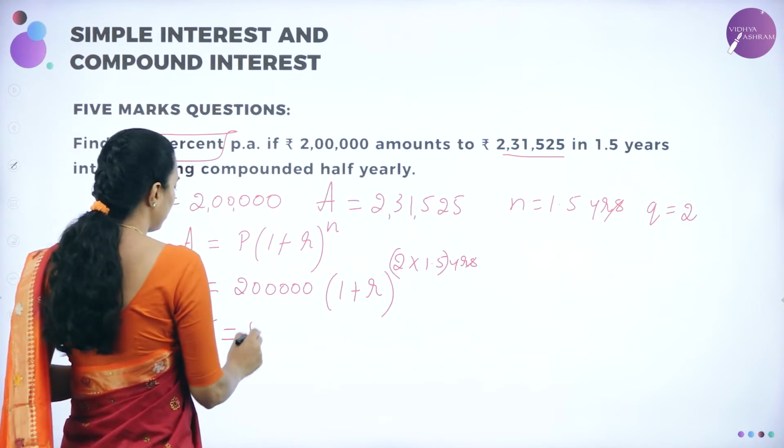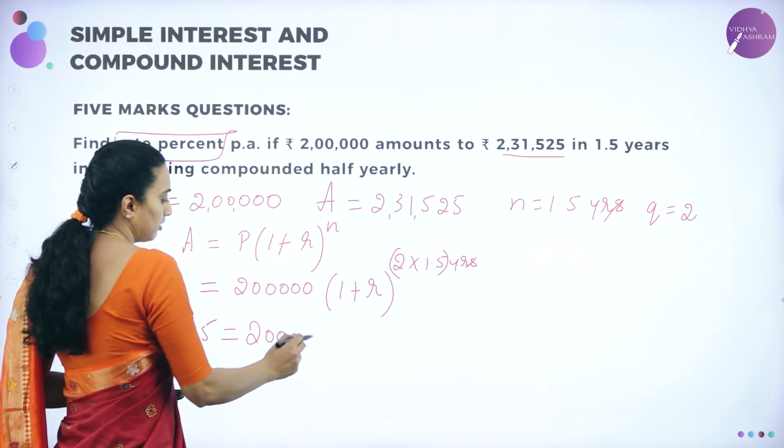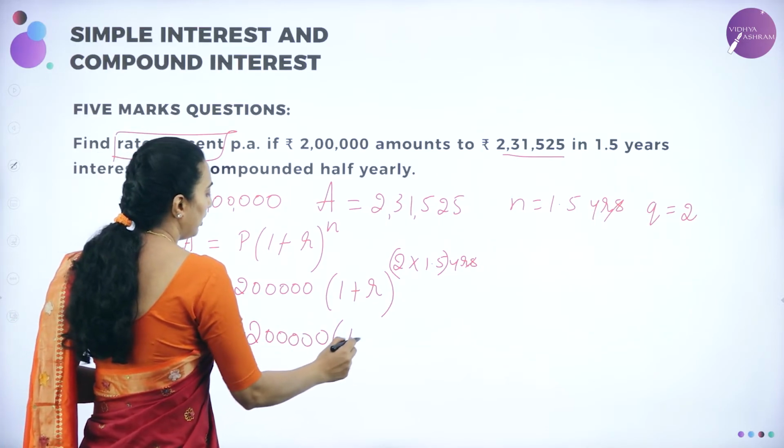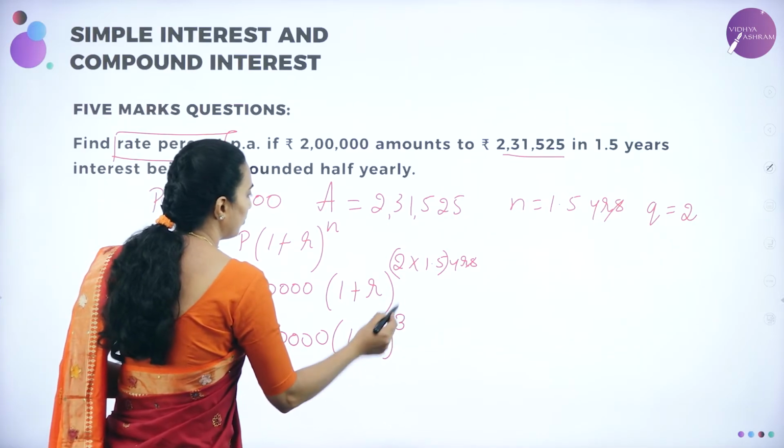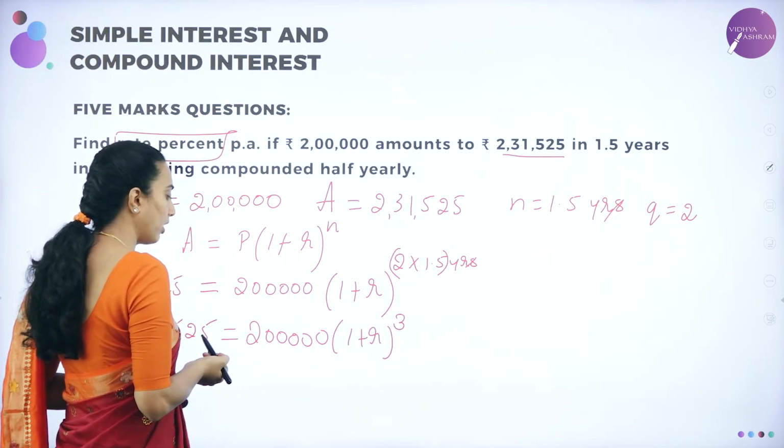So therefore, 2,31,525 is equal to 2 lakh into 1 plus R. If you multiply this, 2 into 1.5 is nothing but 3.0, which is 3 years, okay?